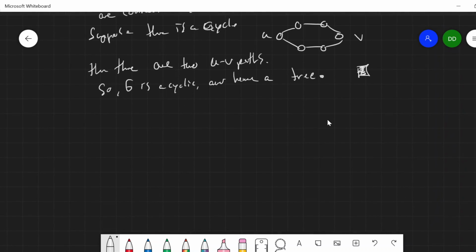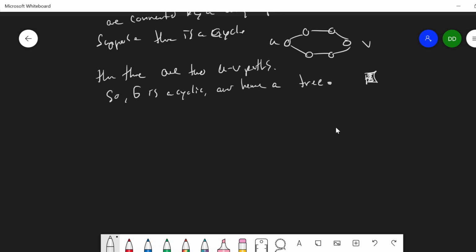Now, there's a couple of observations I want to make about trees to prove our next result. And that is that in a tree, every vertex of degree 2 or more is a cut vertex.